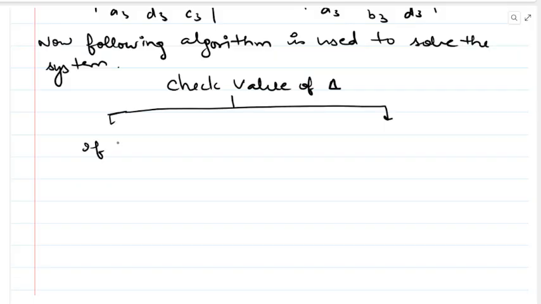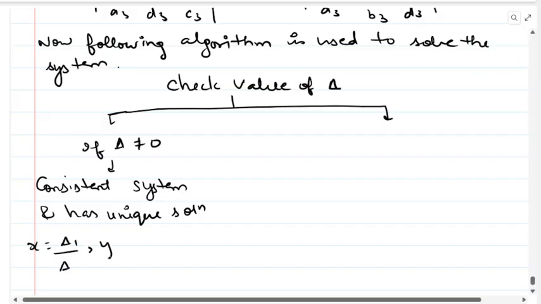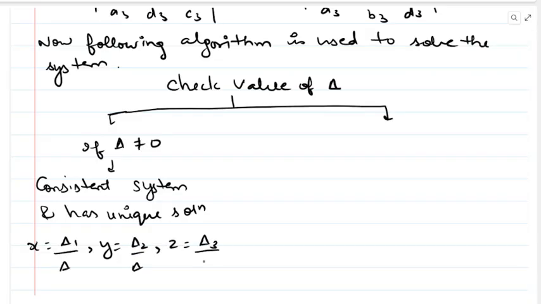If determinant is non-zero, then it is a consistent system and has unique solution. And what will be the solution? x is equal to del 1 upon del, y is equal to del 2 upon del, and z is equal to del 3 upon del.